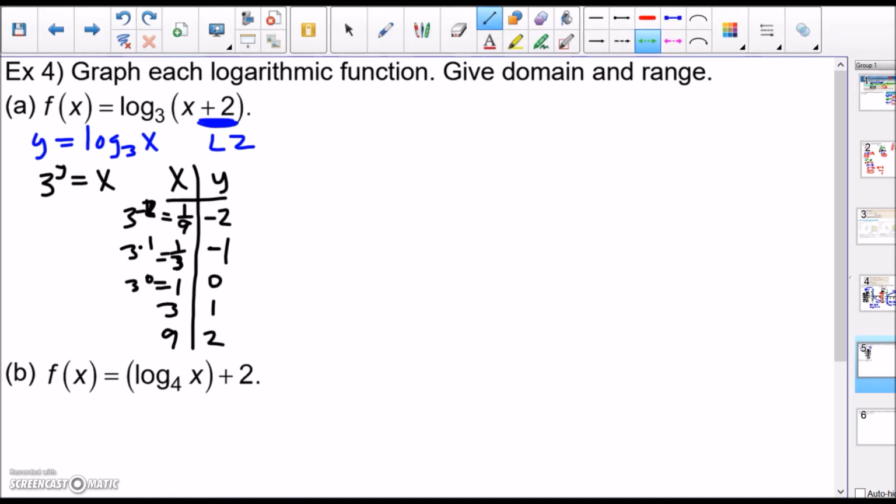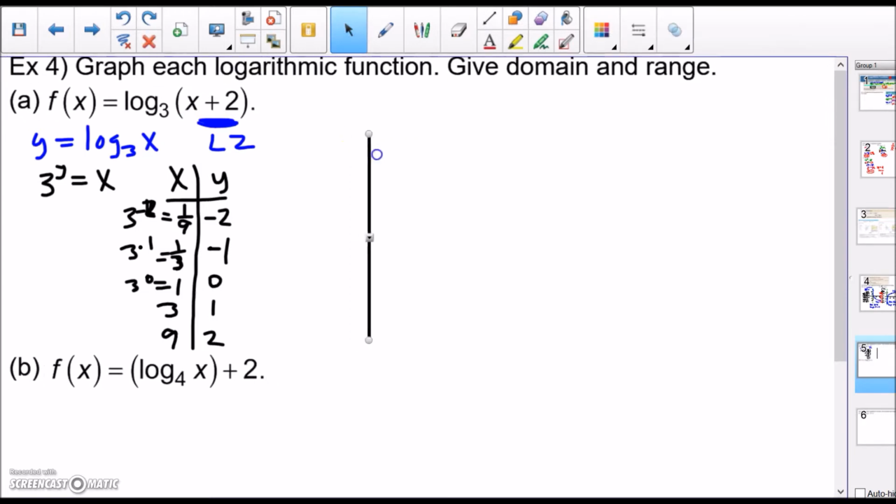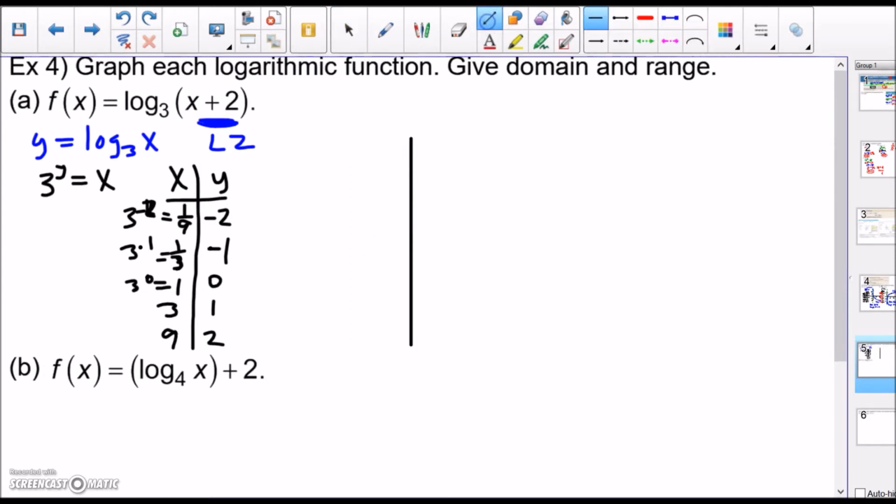So I look at my x numbers and I see they're going to go from 0 to 9. And my y numbers are going from -2 to +2. But what you want to pay attention to is we're going to end up shifting it to the left 2. So give yourself some room over on the left side that you can shift it to the left by 2. Okay?